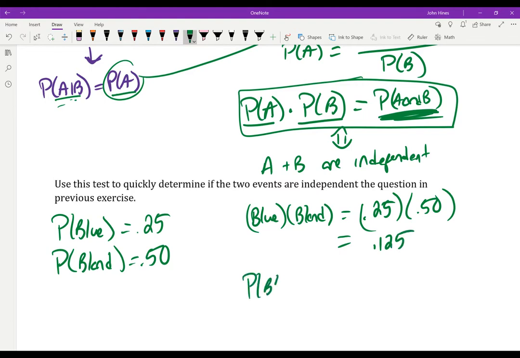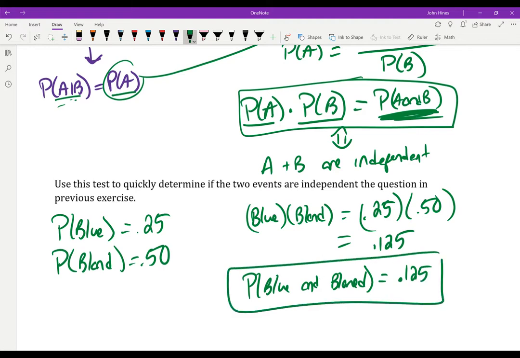What's the probability of blue and blonde? Blue and blonde is 0.125. So notice they're the same. If you multiply two probabilities together and get the and probability, your events are independent.